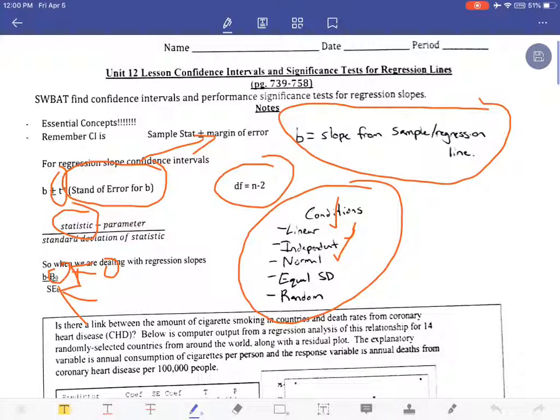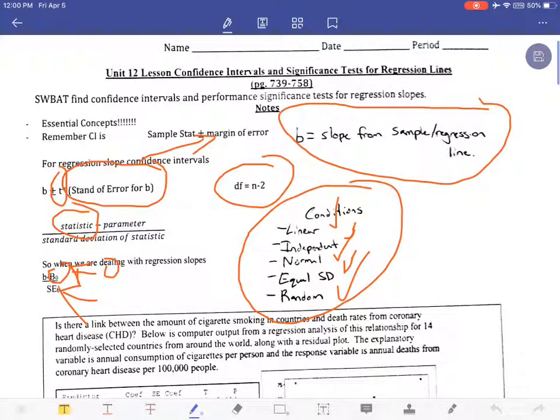But on the AP test, they're most likely going to show you that histogram, so you can say that it looks approximately normal. Equal standard deviation basically means that your residuals look like they're evenly spaced off vertically from left to right, which I'll explain in the next problem. And then we want to make sure that our data points are selected randomly. So we want to make sure we have all those conditions.